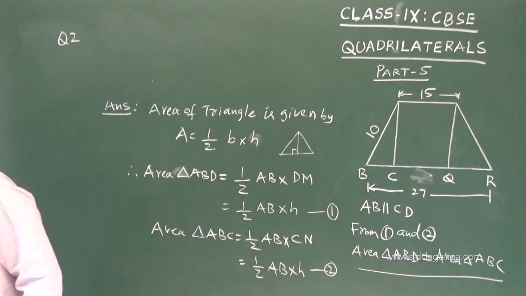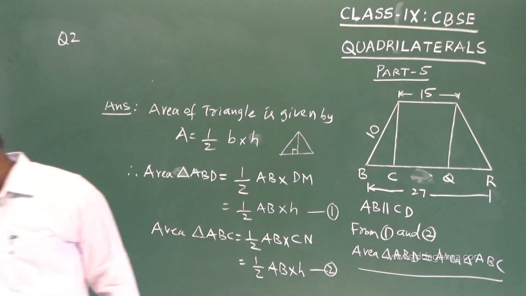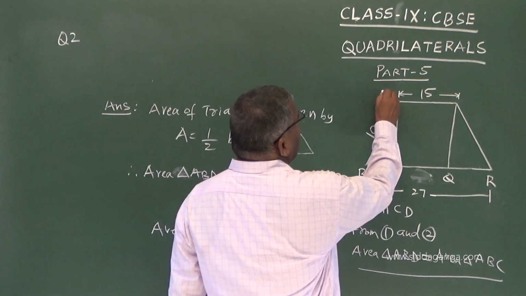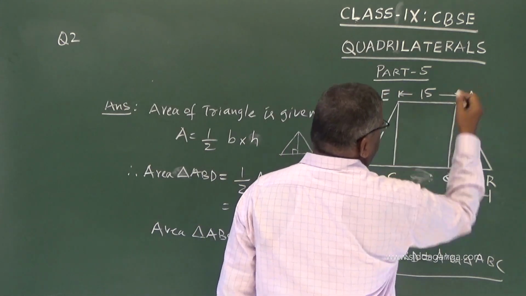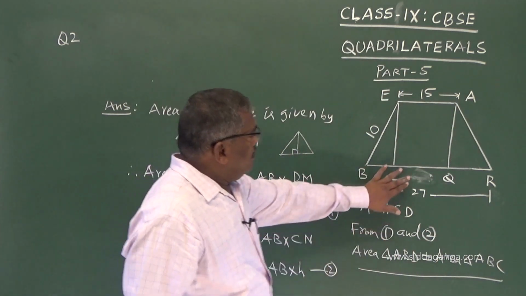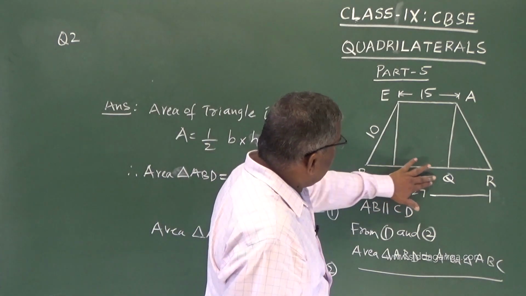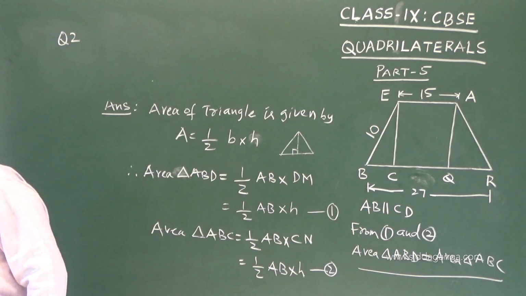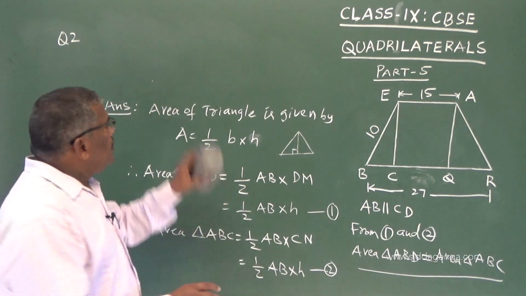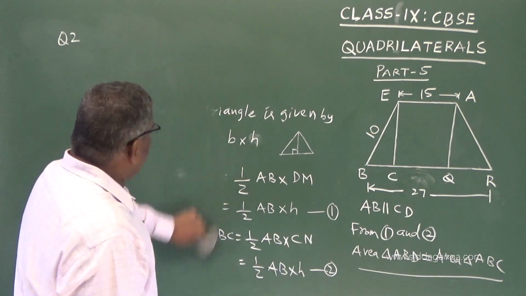So we will name those points. This is point E, this is point A. So this is the sketch given with the noted dimensions.